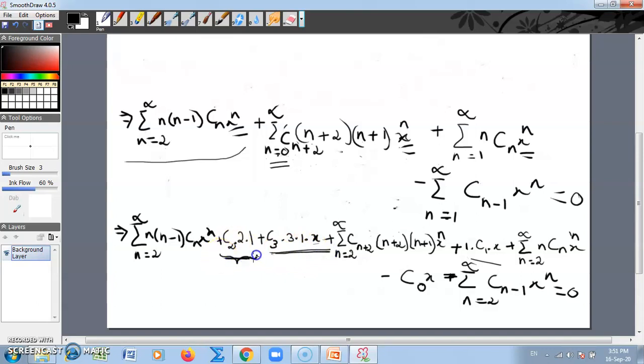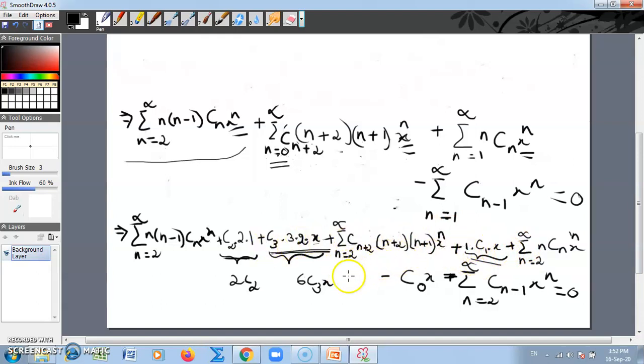This obviously amounts to 2c2. This one comes to be, I think there should have been a 2 out here. Yeah, there should have been a 2 out here. So this is 6c3x. Then we have this one. We are collecting all the terms before which there is no summation sign. That means they are not series, they are independent terms.